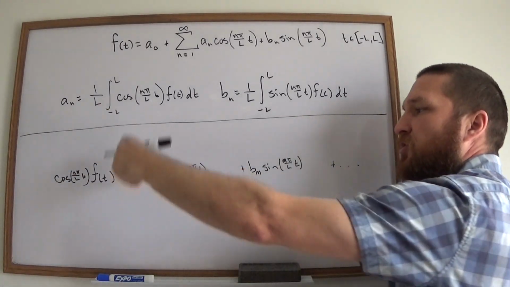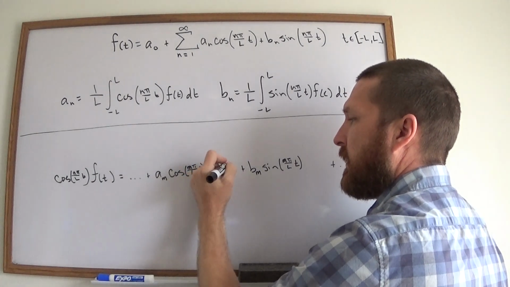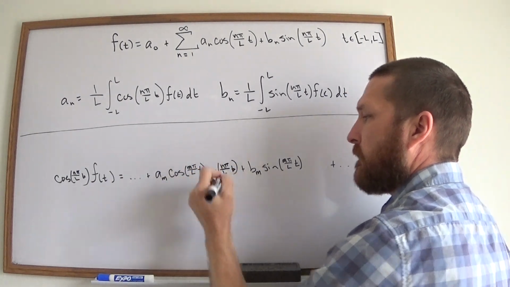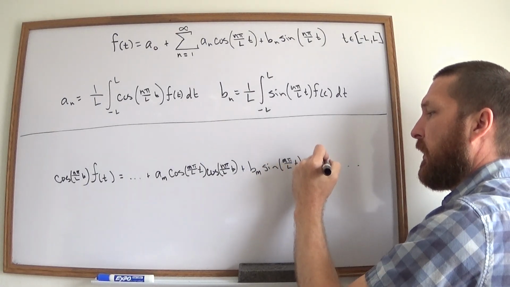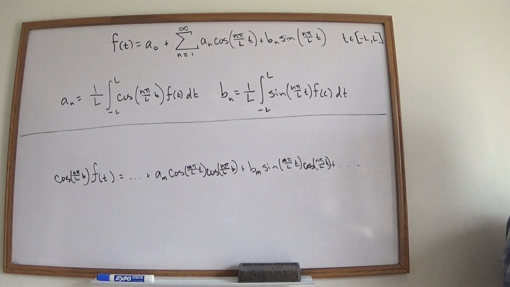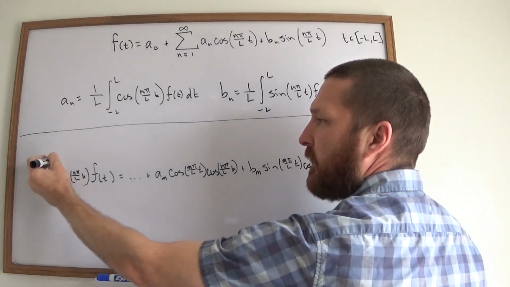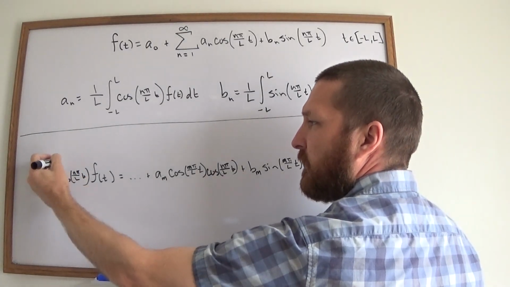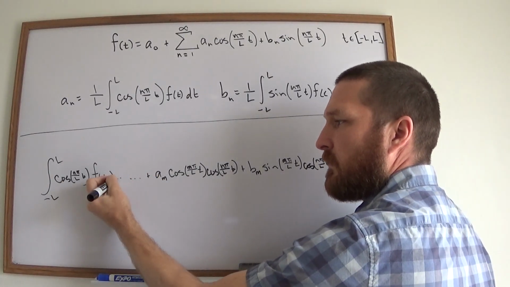The cosine distributes into each one of these, and we get cosine n pi over L t here, another cosine n pi over L t here, and so on. Then we integrate this expression from negative L to L, with a dt.